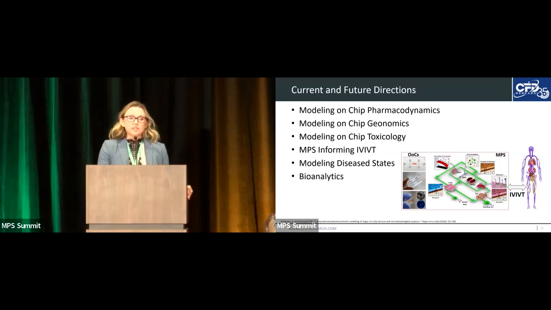Obviously, more toxicity, and of course, the whole reason that we're here, looking at how we can have MPS inform IVIVT. We'd also like to look at moving into modeling disease states and incorporating bioanalytics into our modeling pieces. And we're always looking for collaborators and ways we can expand this portfolio.